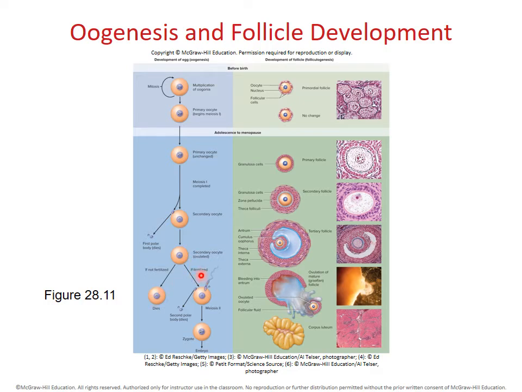If, however, it is fertilized, then the male genetic material will be kept off to the side, and the secondary oocyte will go through its second meiotic division, producing a second polar body, which dies, and a functional zygote, which then allows the sperm chromosomes to fuse with the egg cell chromosomes, producing a new diploid nucleus, and that is the zygote. And then, of course, cell division ensues, resulting in the embryo.